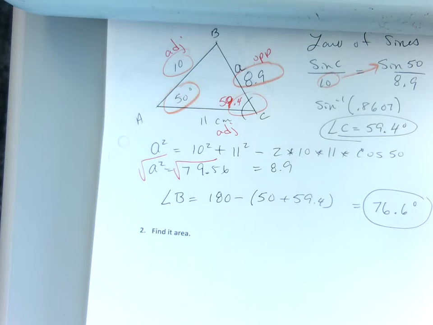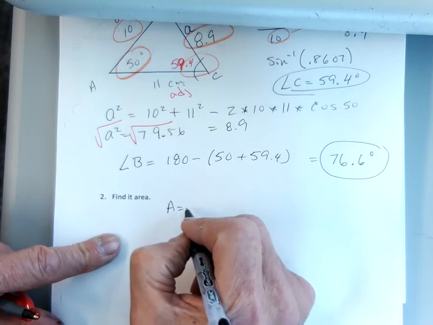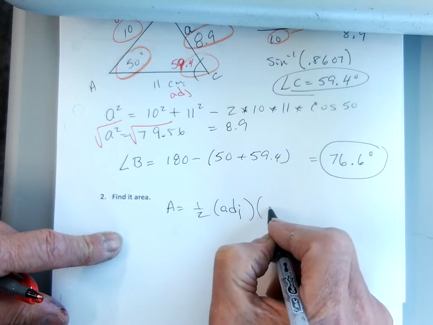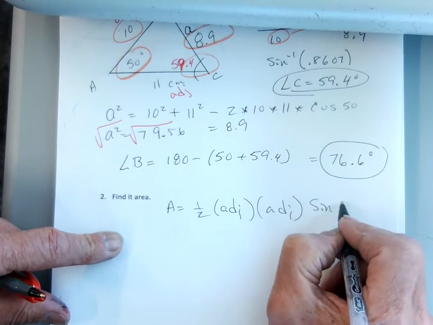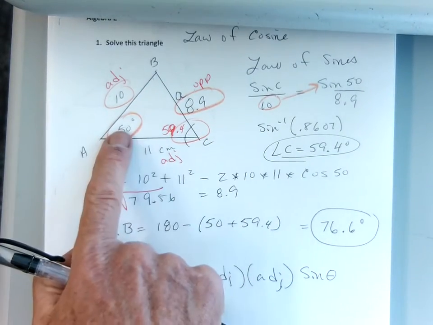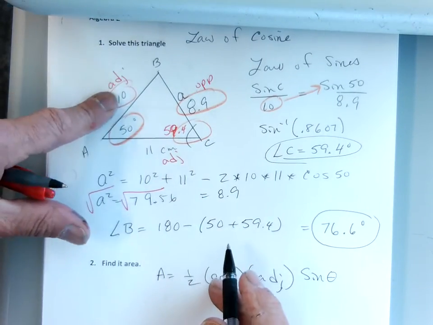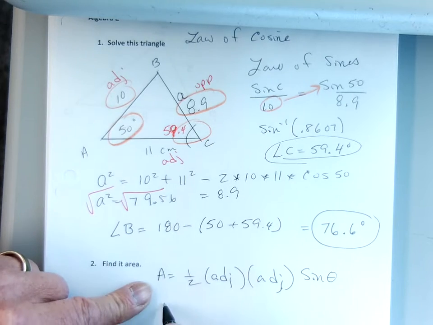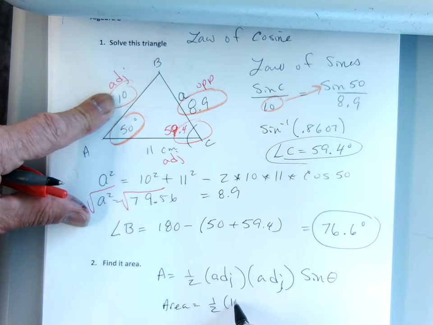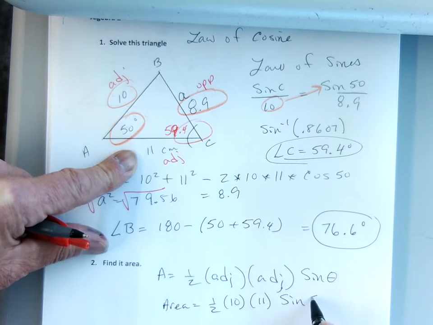Now the last thing I ask is the area. Well, we have an area formula. Our area formula is 1/2 adjacent times the adjacent times the sine of the angle, right? It all depends which angle. So with 50, adjacent, adjacent, I can get the area. The area is equal to 1/2 times 10 times 11 times the sine of 50 degrees.